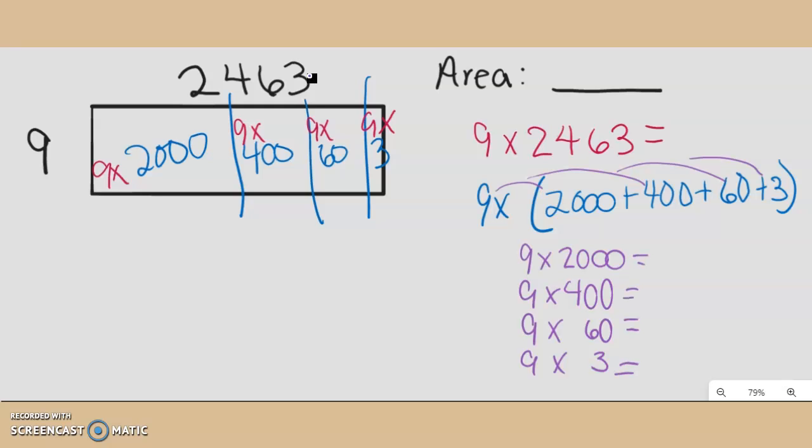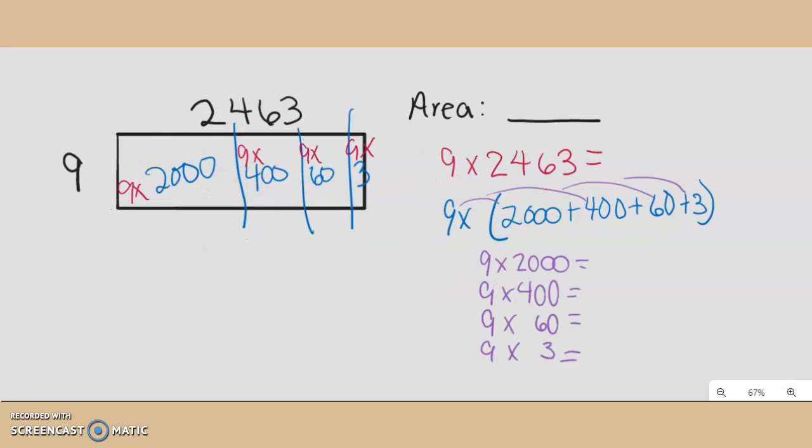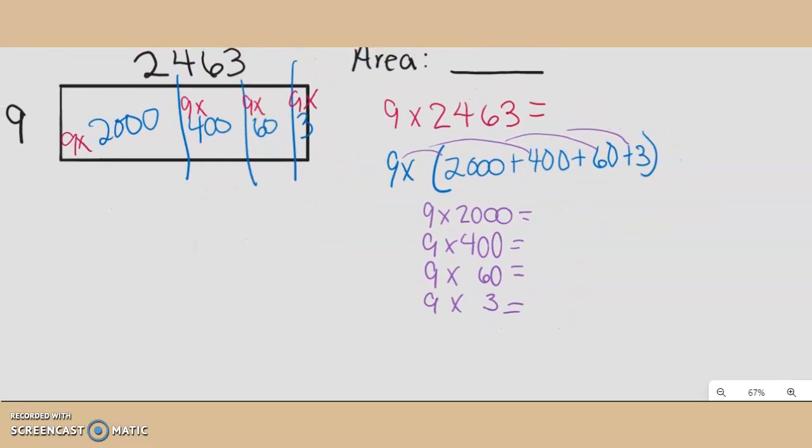Now, what you're going to do here is very important. You need to make sure that you are adding all of these up using the standard algorithm. Some of you are trying to add them side to side, but stack them on top of each other like good 4th graders.